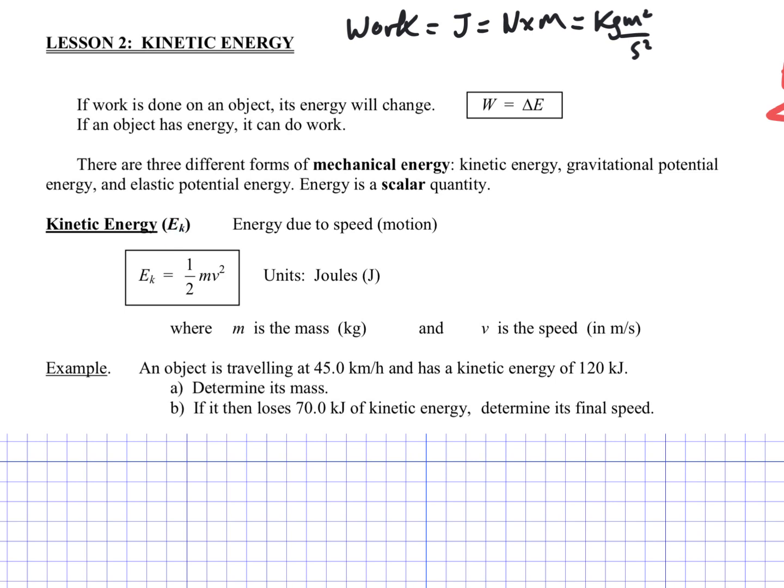All right, we've seen this before. We can derive this in class if we like, but we'll just jump straight into it. We all know as a memorized formula that kinetic energy is half mv squared. Of course, joules.